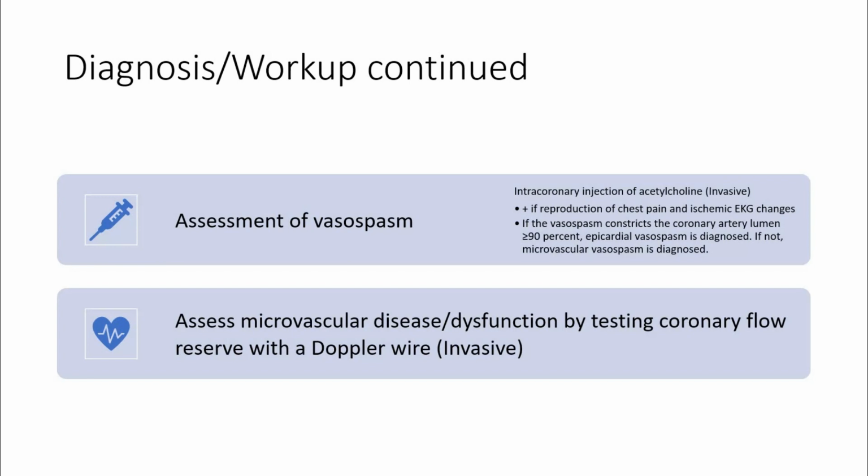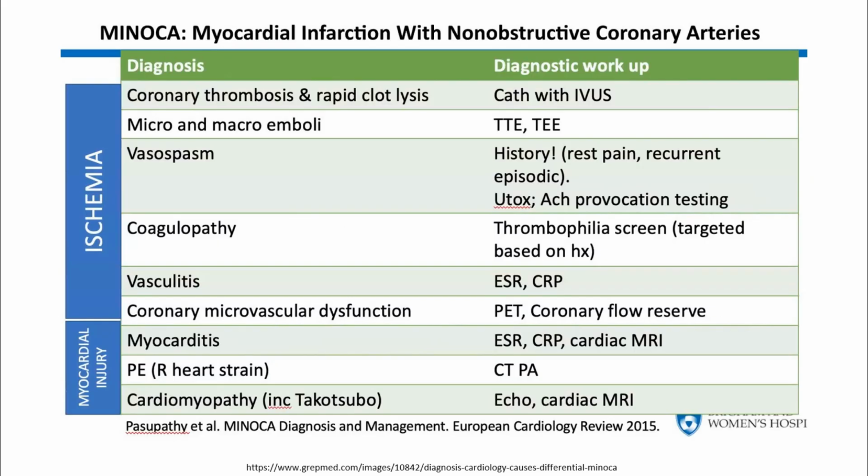And if not, then microvascular vasospasm is diagnosed, given there is reproduction of chest pain and ischemic EKG changes after injection of acetylcholine. To assess microvascular disease and dysfunction, it is done by testing the coronary flow reserve with a Doppler wire, which is also invasive.